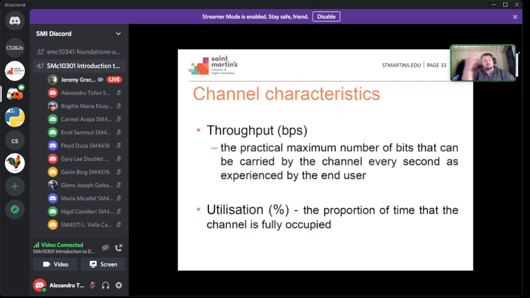Utilization, usually represented in terms of percentage, is used in order to identify the proportion of time when that channel is fully occupied. So you would be able to see how much you're actually making use of that particular channel at any given point in time.